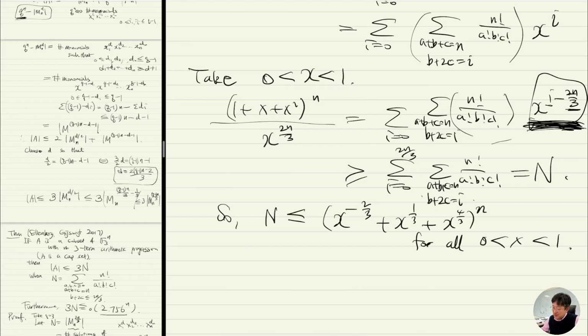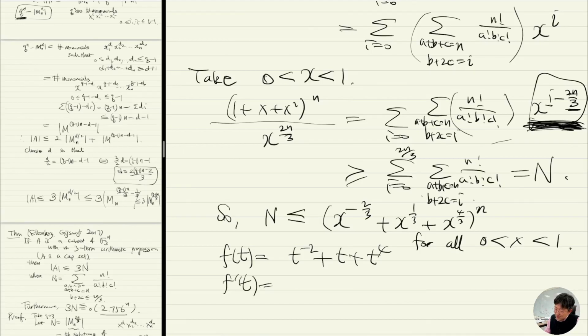How do I minimize this? Well, think of f of t, where t is x to the 1/3: t to the minus 2 plus t plus t to the 4. That's my f of t.